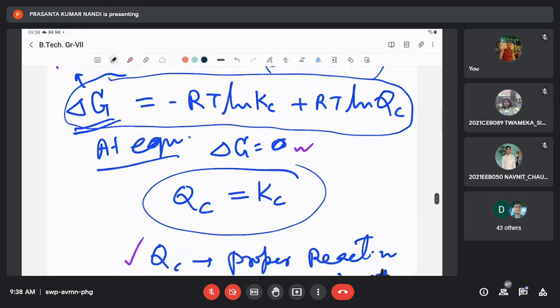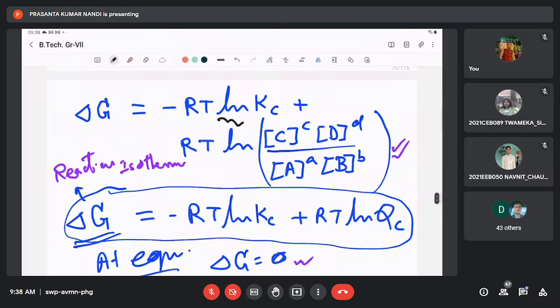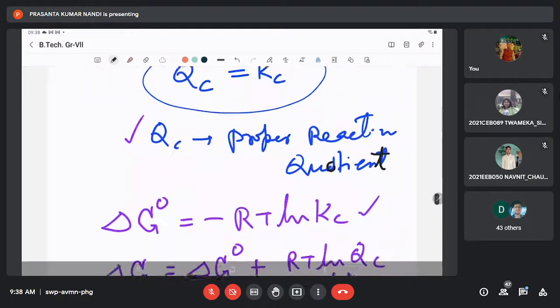Whenever you put delta G equal to 0, the concentrations C, D, A, B within the parentheses should be represented as equilibrium concentrations, right? Because at equilibrium delta G equals 0.